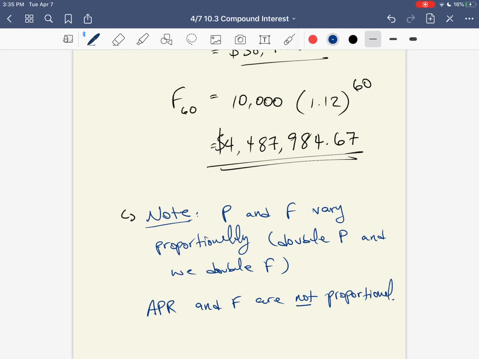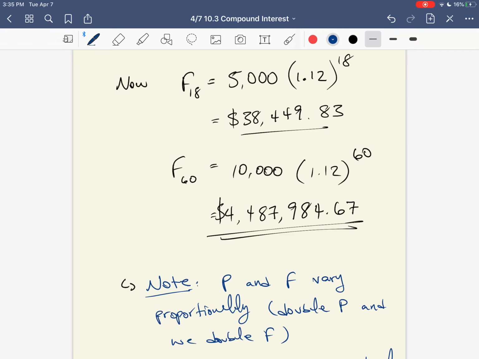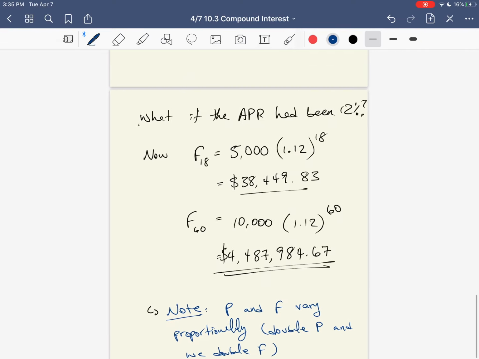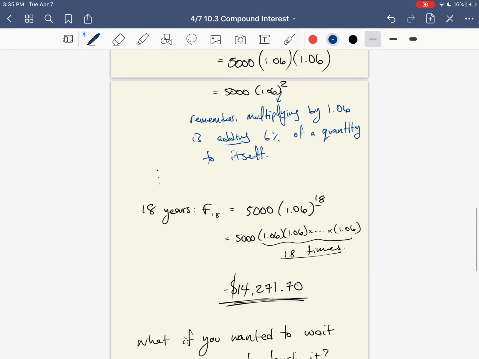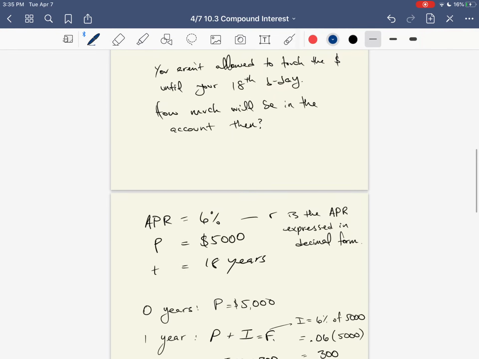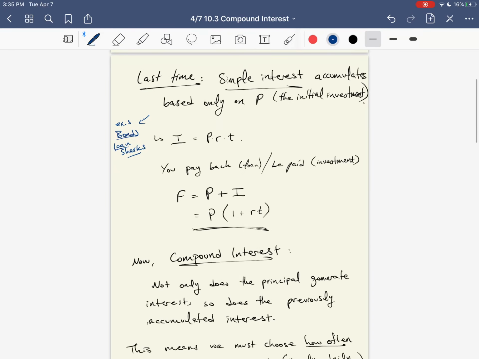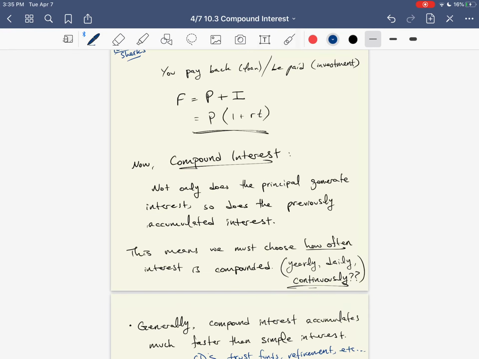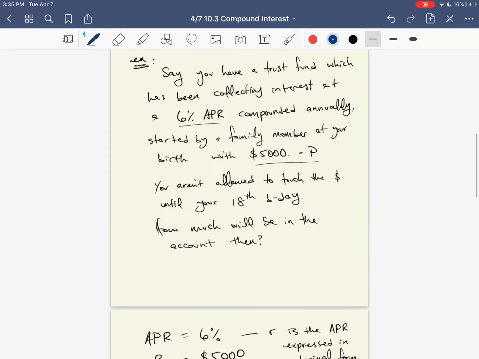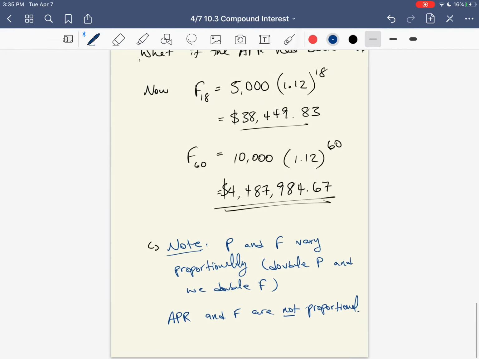Okay. Good. So this gives us our annual compounding formula, which is going to look a lot like our simple interest formula, but notice the difference. So our simple interest formula was P times 1 plus RT. And now our compound interest formula is going to be P times 1 plus R raised to the T. That's the big difference.